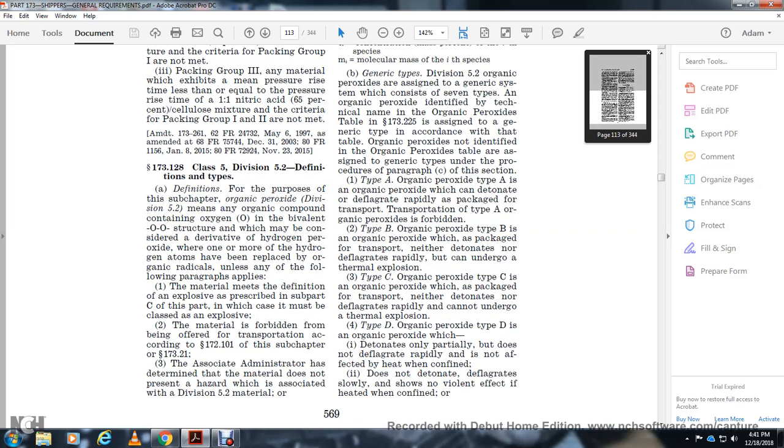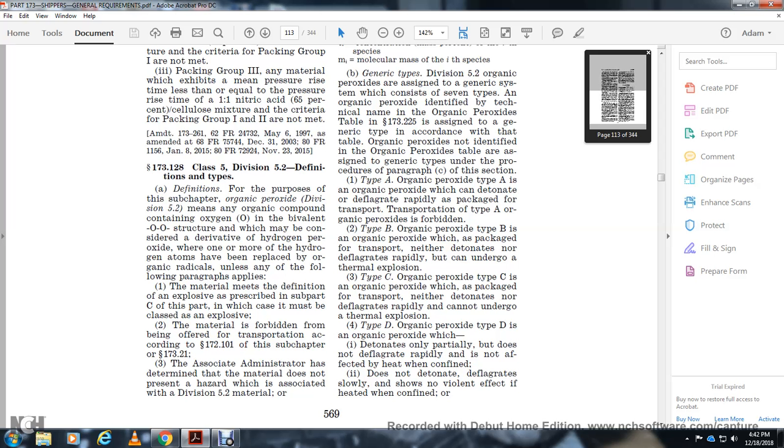Generic types of Division 5.2 organic peroxides. Each organic peroxide identified with a technical name in the organic peroxide table in 173.225 is assigned a generic type. For organic peroxides not identified in the organic peroxide table, assign the generic type under paragraph C. Type A organic peroxide is an organic peroxide which can detonate or deflagrate rapidly as packaged for transportation; type A is forbidden.